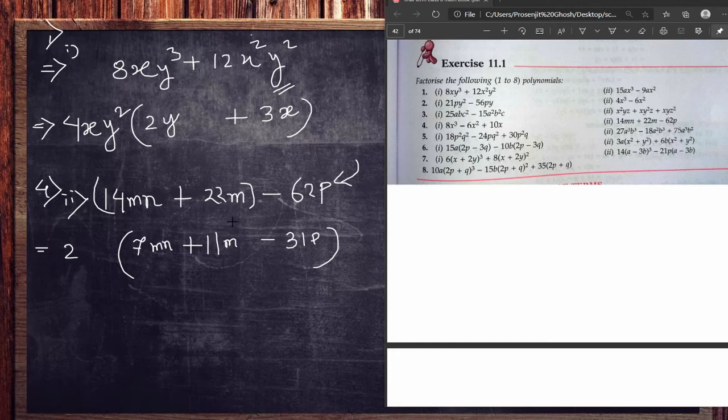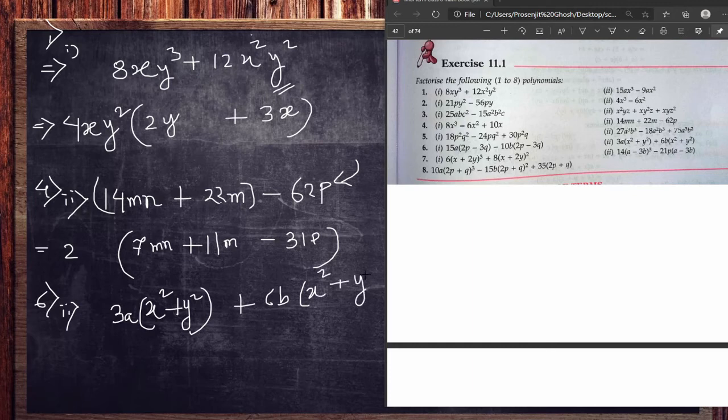Okay, so I will do another one from this chapter, that is 6 part 2. In 6 part 2, if you notice one thing, that is 3a(x square plus y square), then added with 6b(x square plus y square).